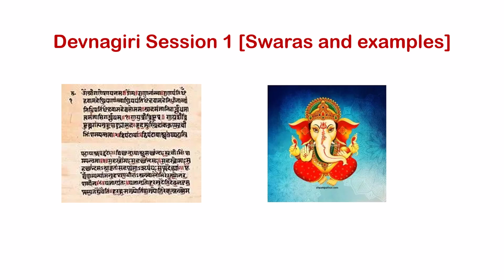Second is Arti. Someone has a name Arti, or the Arti that we do, that is also there. What else? Akaram. Akaraha, meaning a shape. Akaraha is a shape. Any shape that you take.